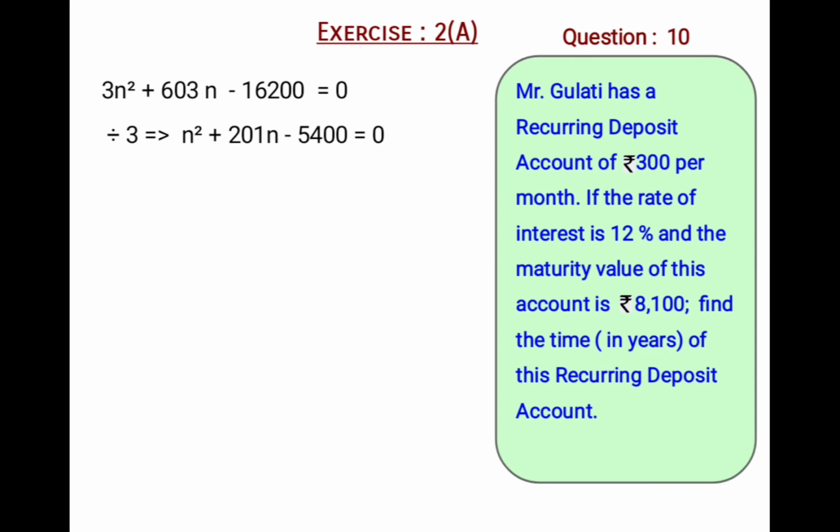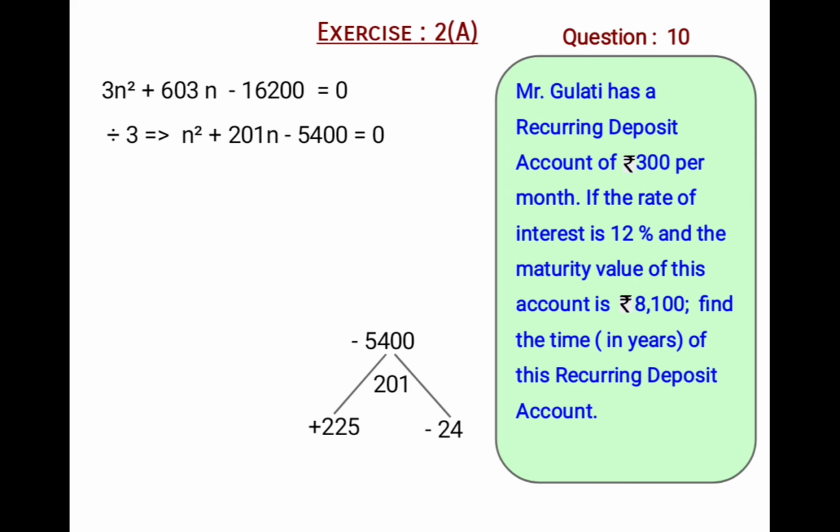Now we want to find the two values. When we multiply the two values, we need to get minus 5,400. When we add or subtract the two values, we should get 201. Now the required values are plus 225 and minus 24.